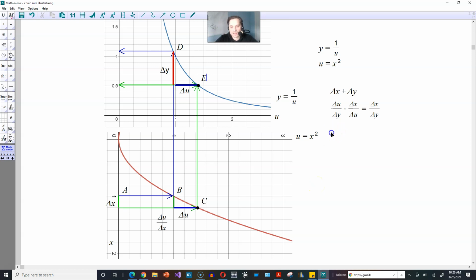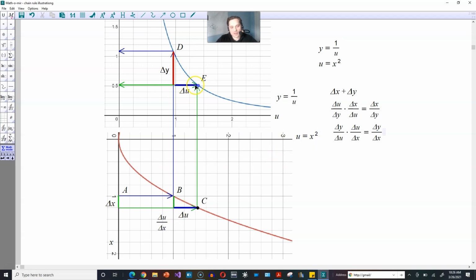Once you understand it from that perspective, then the standard way to talk about the chain rule is to say the following. It would be delta y over delta u times delta u over delta x, which then lastly becomes delta y over delta x this way. That form of it is the standard one, and what it says is when x increases by delta x, then u equals x squared changes by delta u.